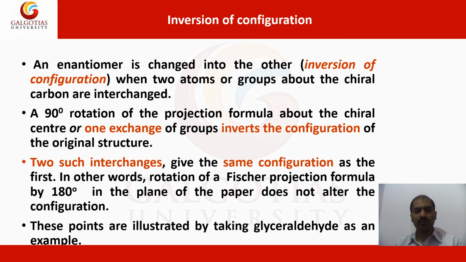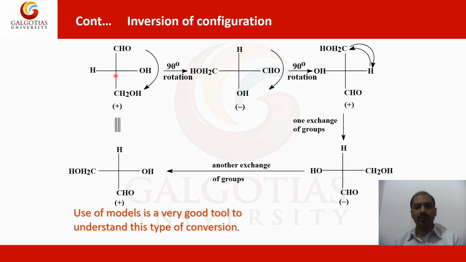So we can see here what inversion of configuration is. Here you can see this is 90 degrees, and once you replace this group by this, it is a total of 180 degrees. Similarly, here is one example of groups, another example by this way, where you can interchange these two groups.